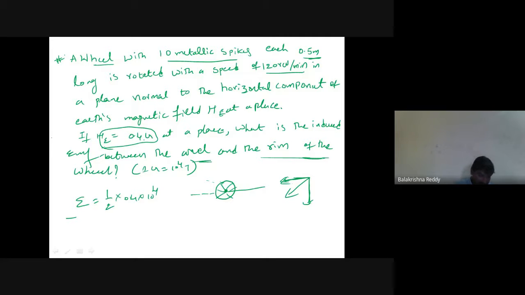Next, it has omega. Omega can be written as how much here? Omega equal to 2 pi n, or 2 pi frequency. N means how many times it is rotating per second, 120 revolutions per minute. 120 revolutions in the sense 120 by 60 seconds, how much?